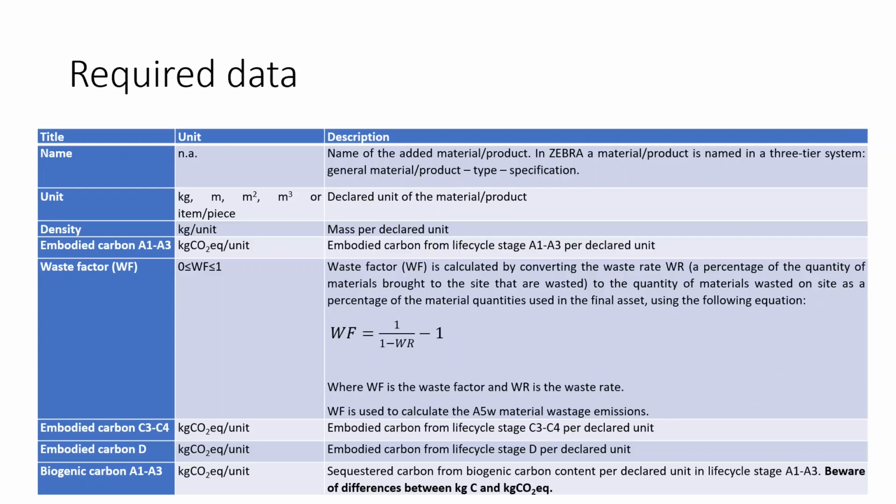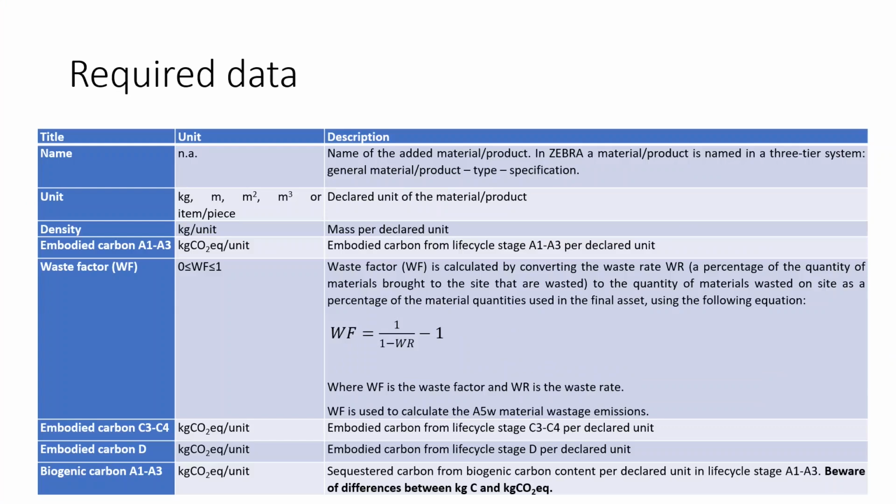What detailed indicator values do we need to represent the global warming potential of a product in Zebra embodied carbon? We need various indicators to extract from an EPD and report into Zebra embodied carbon.